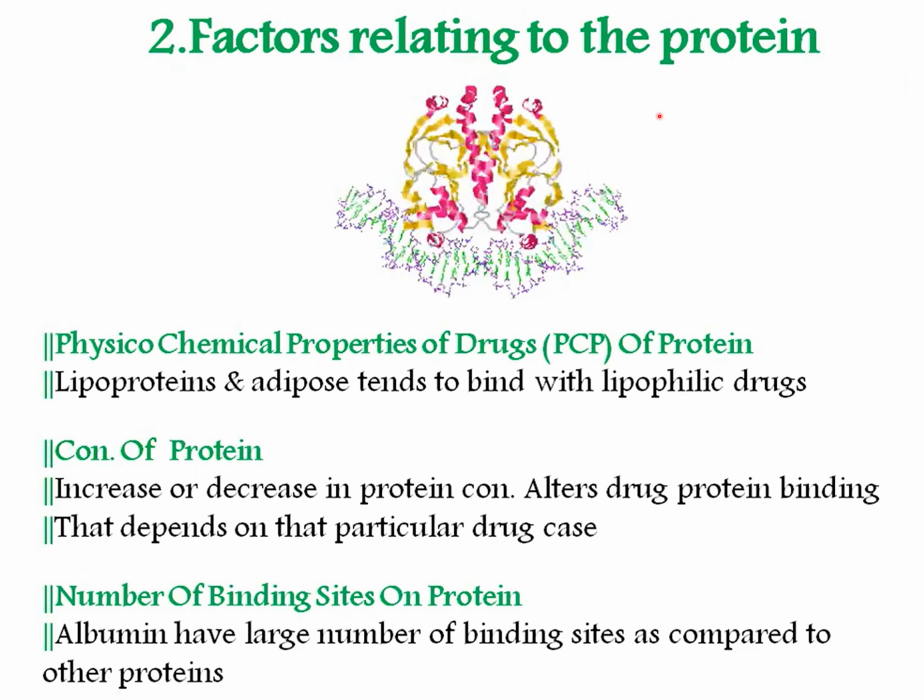There are also factors related to the protein, like physicochemical factors and concentration of protein; increasing or decreasing the concentration will alter the protein binding. The number of binding sites on protein: albumin has a large number of binding sites, so more of the drug will bind to albumin.